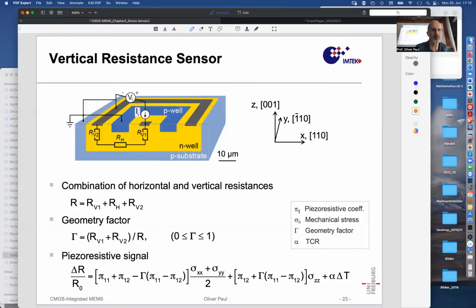So there's a vertical resistance, there's another vertical resistance out there, and there is a fraction of horizontal resistance also merged into the structure. And of course, the vertical sensors will respond to the vertical stress by the longitudinal piezoresistive effect.